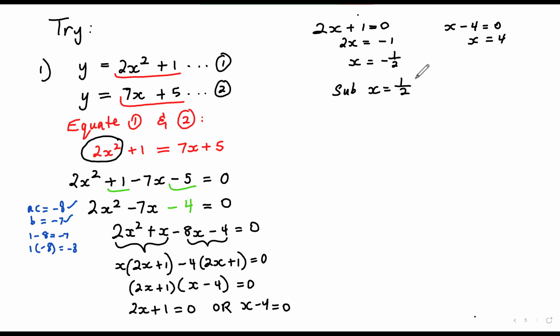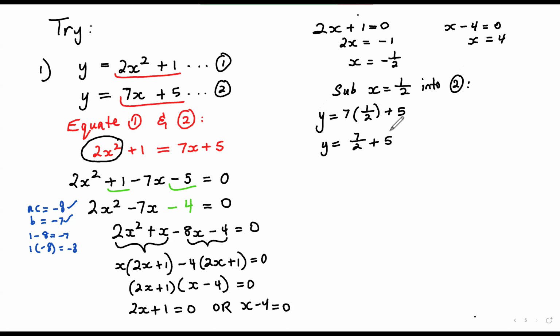Now you have your two solutions of x, so you substitute x is equal to half into one of the equations. I am going to put it in equation 2. So wherever I have x in equation 2, I'm replacing it with a half. Well, sorry, y is equal to 7 by a half plus 5. So 7 times a half would be 7 over 2 plus 5.